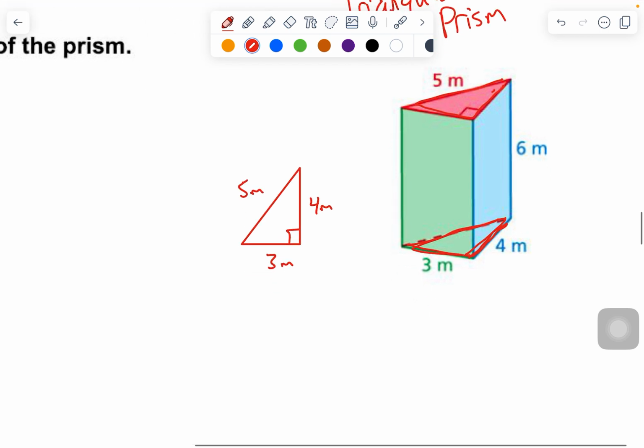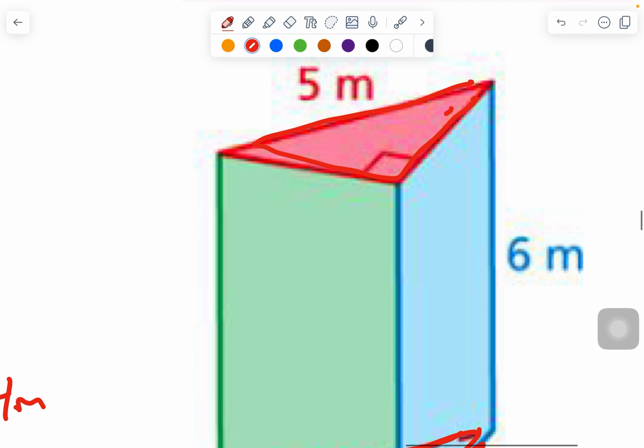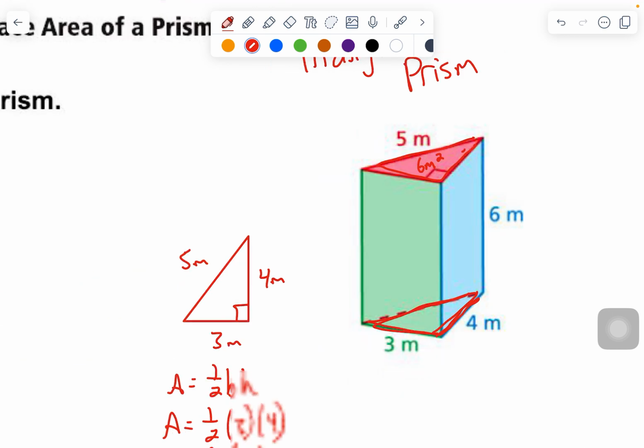So if I'm going to find the area of this, I got to do 1/2 the area of the base, excuse me, times the height. Half of 3 times 4. I don't need the 5. And I get 6 meters squared. So that means if I zoom in, this is 6 meters squared.